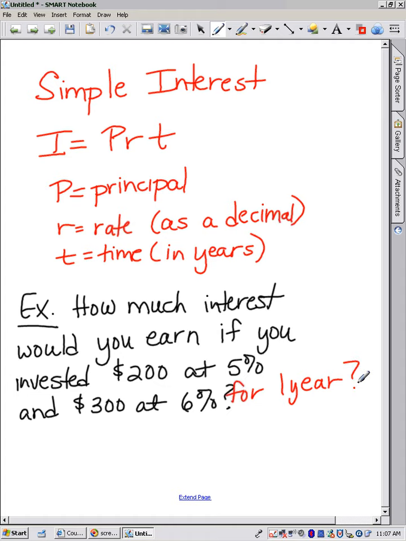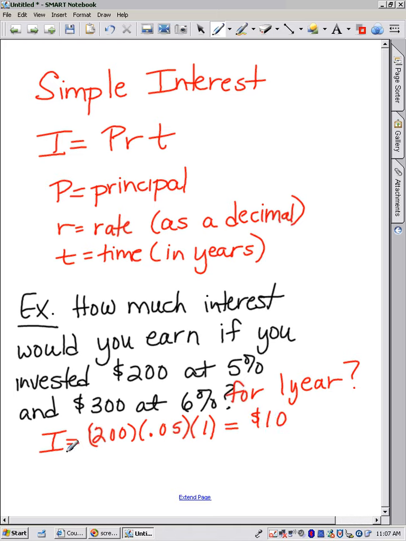Okay. So from the 5% interest account, my interest would be equal to the principal, which is 200, times rate, which is the decimal, 5% would be 0.05, times the length of time, which in this case is 1. So we would have to calculate 200 times 0.05, and of course the 1's not going to matter, and that will be $10.